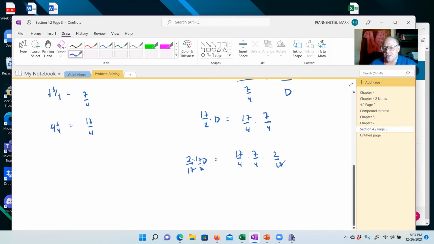Aha. So we have this 2 to take into that 4, so we just have 2 left. Here we have 7, because there's nothing else on the top. We just multiply all the way across. 17 times 7 times 2, except the 17 is canceled and the 2 canceled. So we just have 7 times 1, divided by 4 times 2, which is 8. The 17 canceled, we don't worry about it.